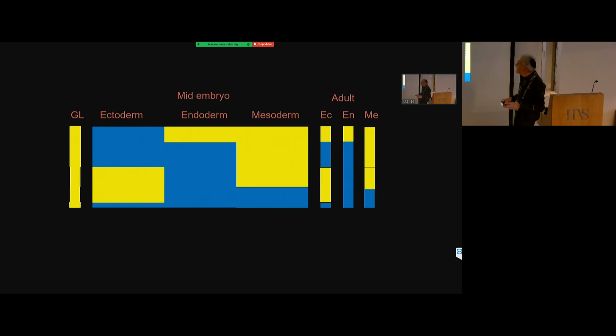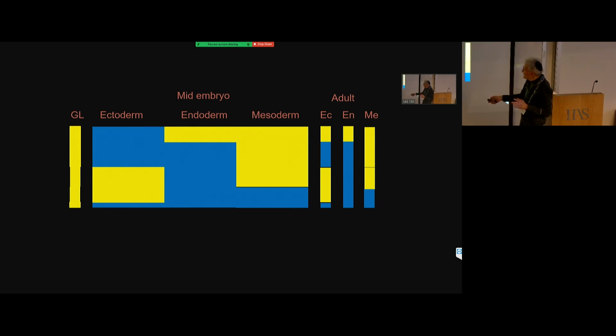Now there is a stage right after that. This I call mid-embryo. Because we don't have earlier samples, we first start seeing it at about 10.5 days. The previous one was 7.5 days. At 10.5 days, if you go from the germ layer, you find sites that are demethylated in ectoderm, or ectoderm and endoderm, or only endoderm, or mesoderm and endoderm, or everybody.